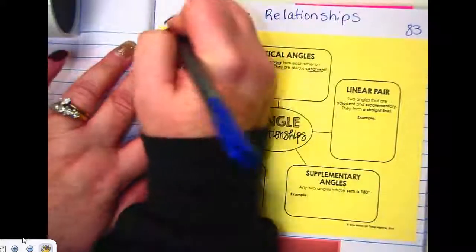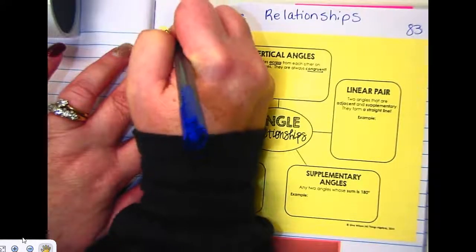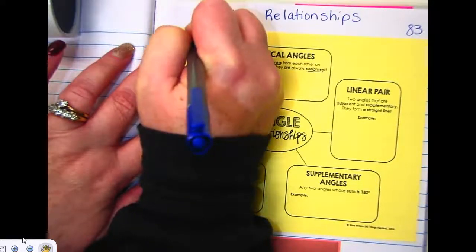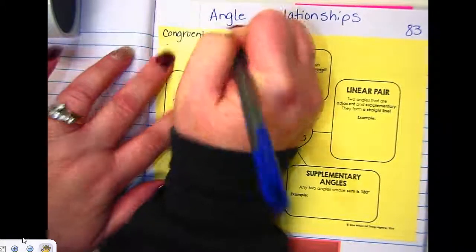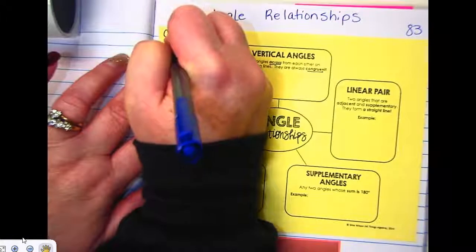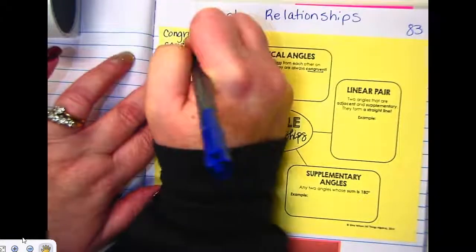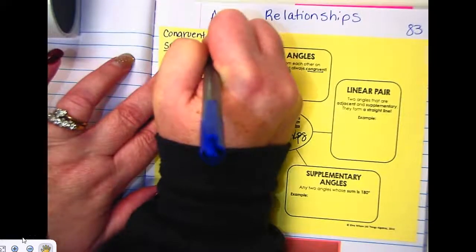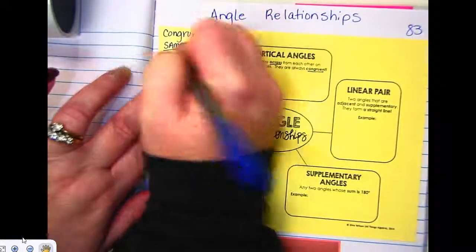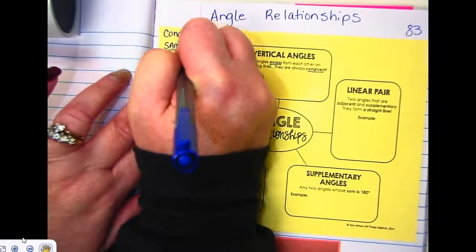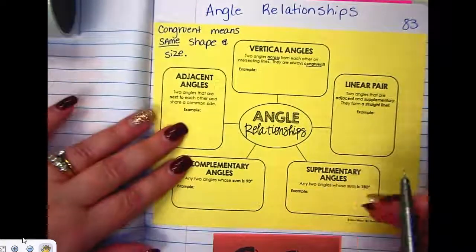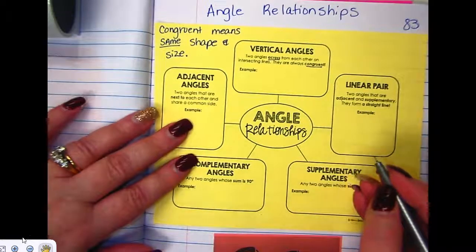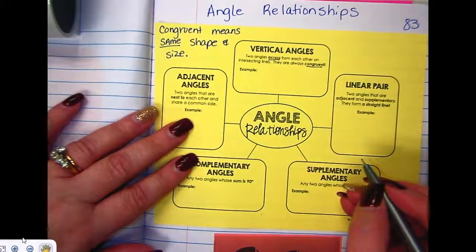So let's write that note over here. Congruent means same shape and size. So congruent means they are exactly alike. They are the same shape and same size.